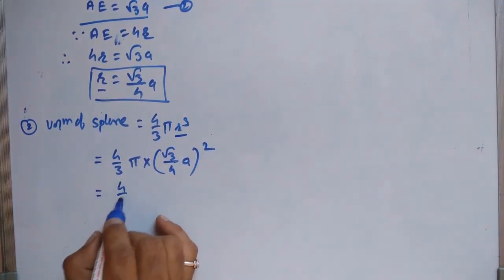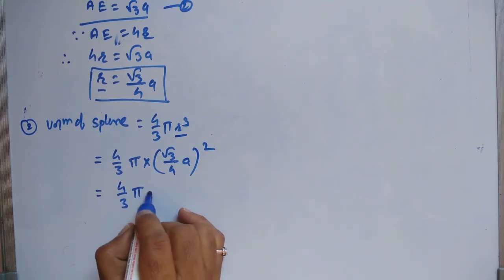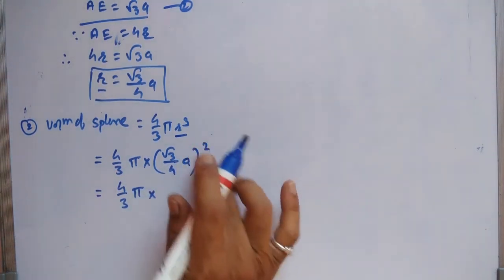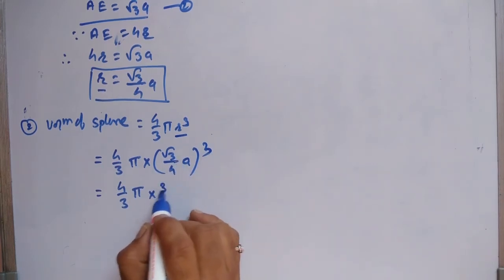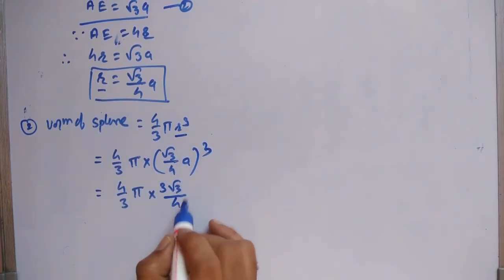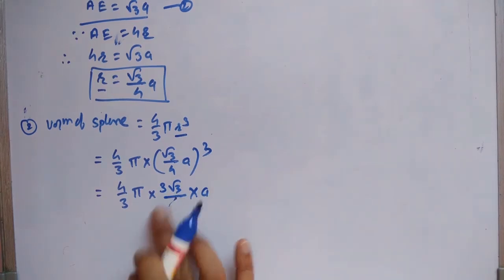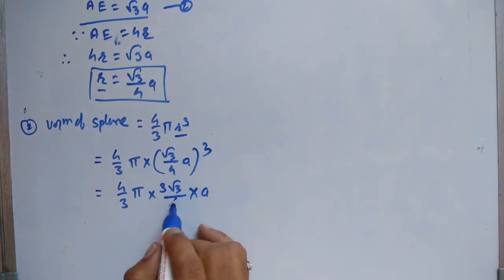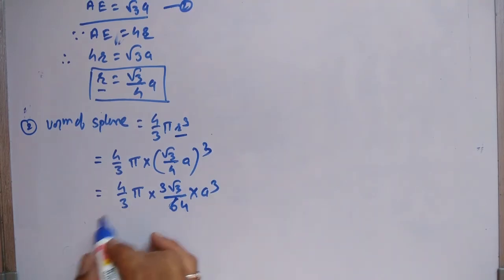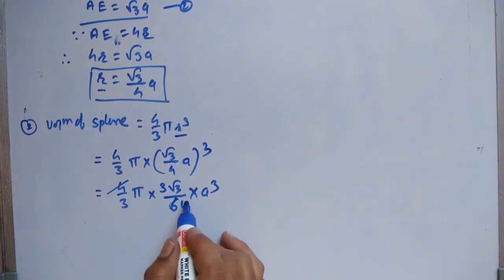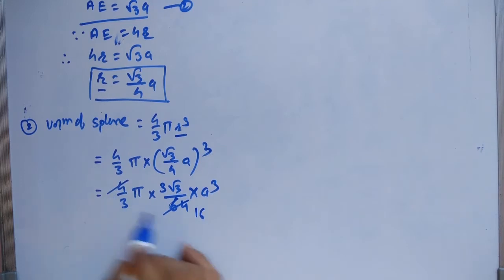That is equal to 4 by 3 pi into root 3 cube, meaning root 3 into root 3 into root 3, that is 3 root 3, upon cube of 4 which is 64, A cube. Now 16 4s are 64, and this 3 gets cancelled.